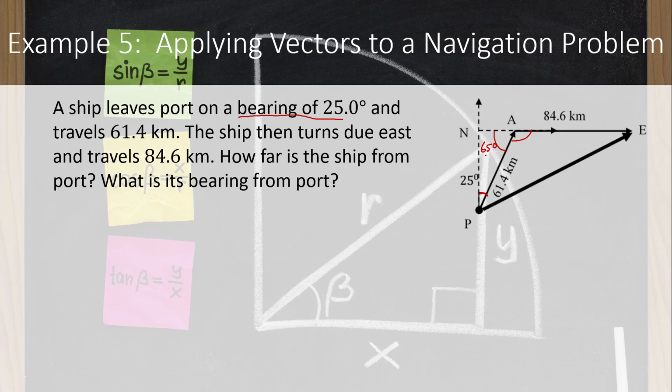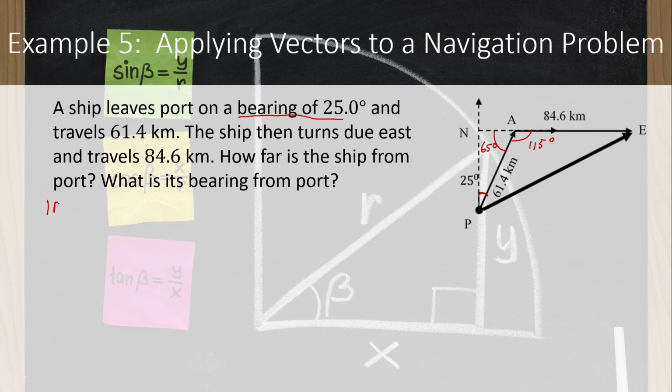Well, if this is 65 degrees, then this has to be the supplement of 65 degrees, which will be 115 degrees. And there we go. We have the length or magnitude here, we have the length or magnitude here, and the angle between them, and we can figure out the magnitude of this particular vector.